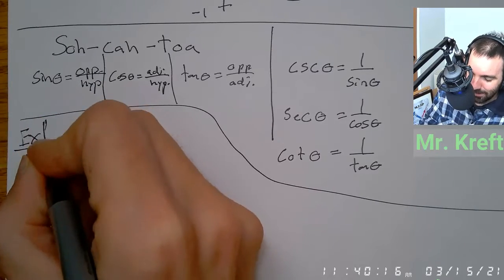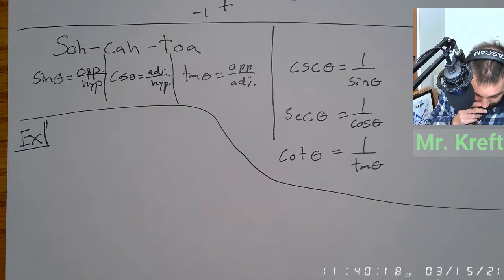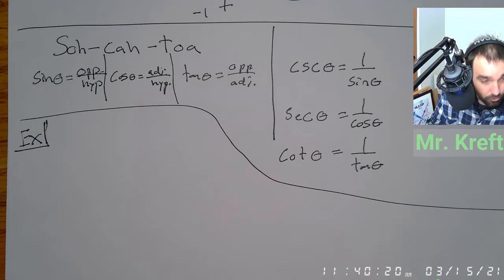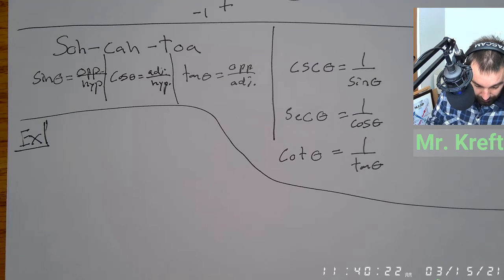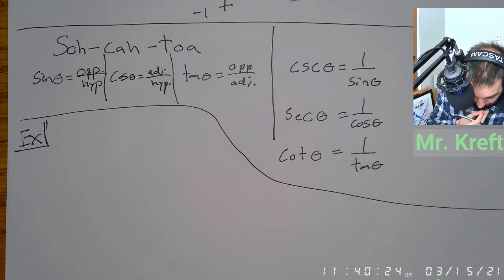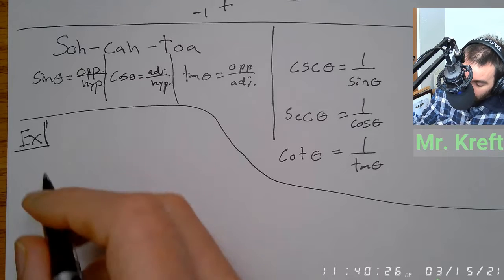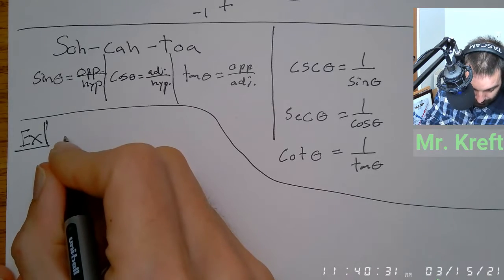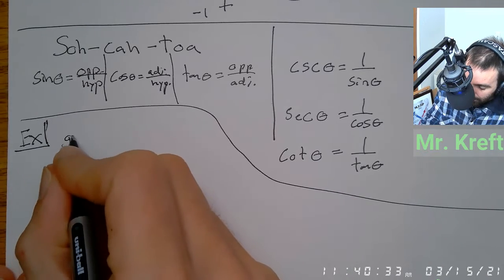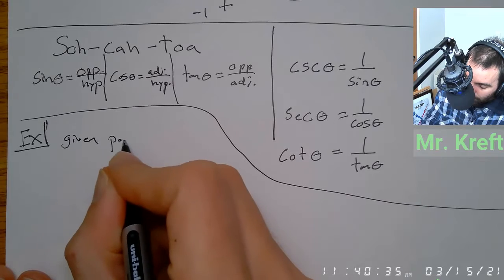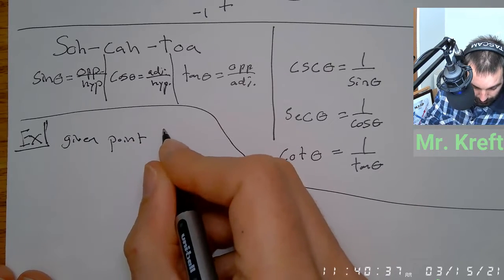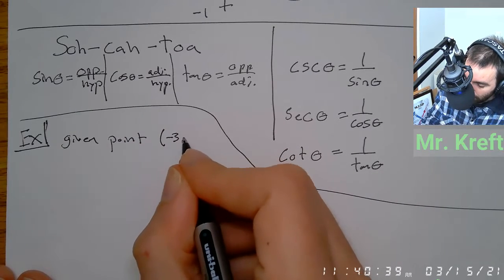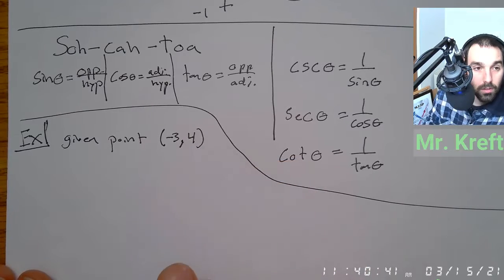Or is it? Okay, so let's do some math with this. Okay, so let's say we have a point. Given point -3, 4, I'm just using the one in the book.